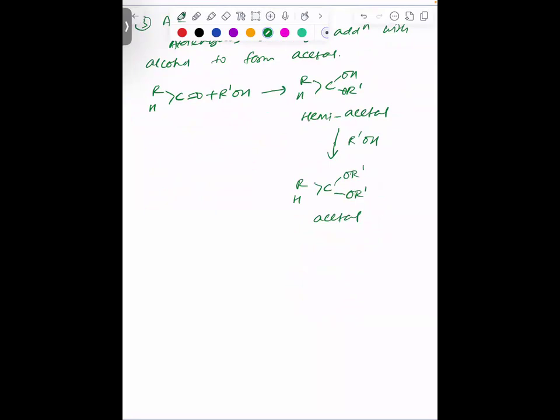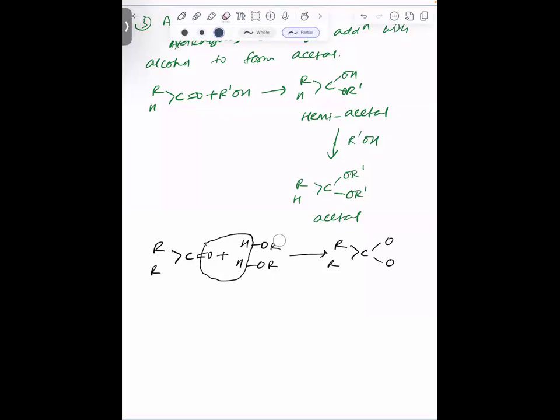So how do we write this? Ketone, okay, keep this in mind. One second. We take glycol, CH2, so it is a cyclic ketal.